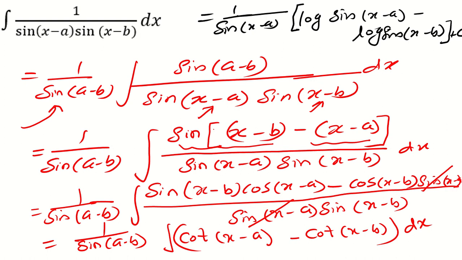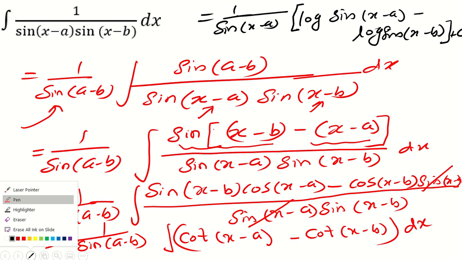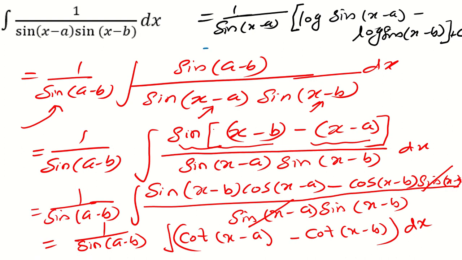If required, you can apply the formula of log a minus log b. And what is that formula? It is log a upon b. So what answer can you get here? Your final answer depends on what you have to prove; if you have to find the answer only, then this can also be the answer, or you can write 1 over sine, it is not x minus a, it is a minus b.